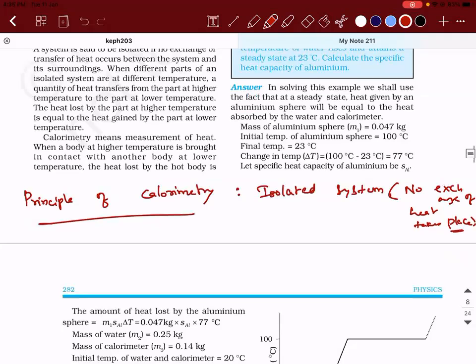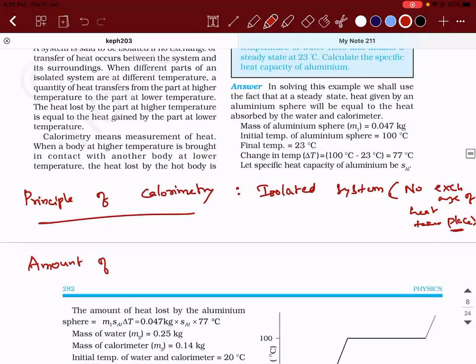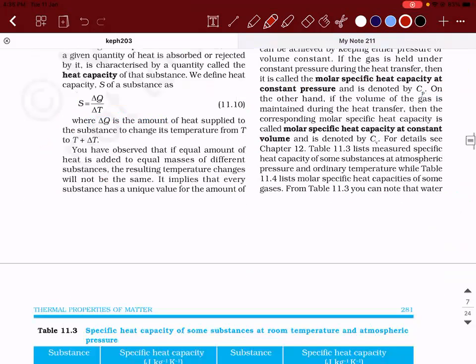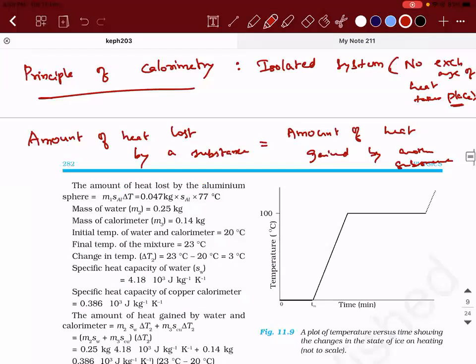If you have an isolated system, then you can say the amount of heat lost by a substance will be equal to the amount of heat gained by another substance. So what I'm trying to say is, let's say you have water in which you have put some ice cubes.